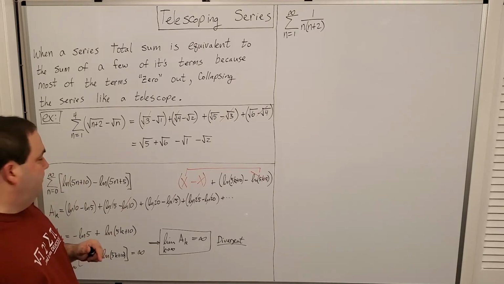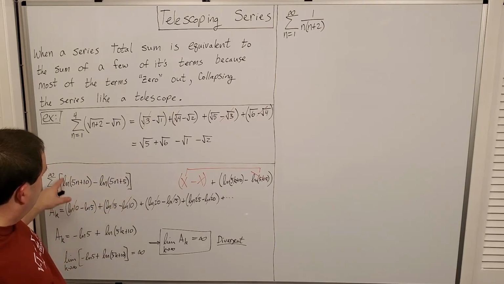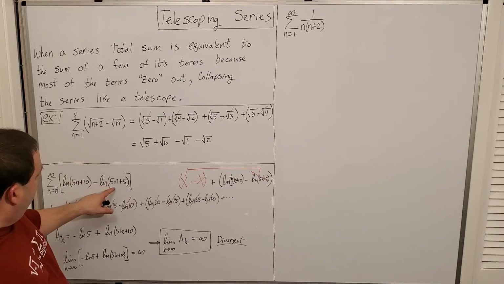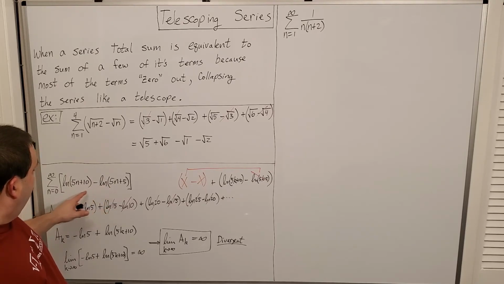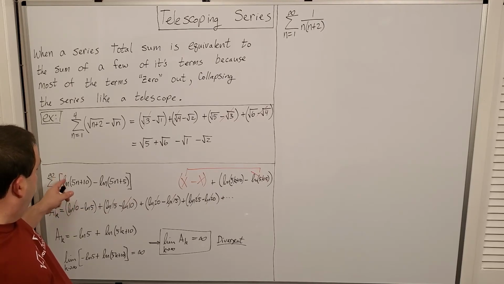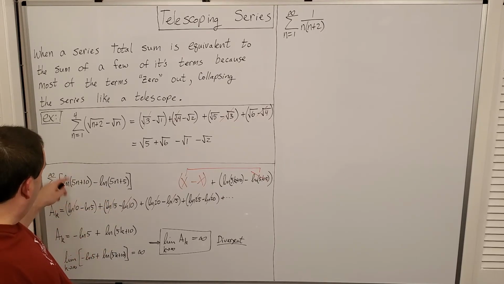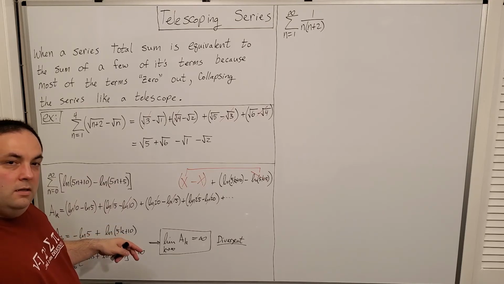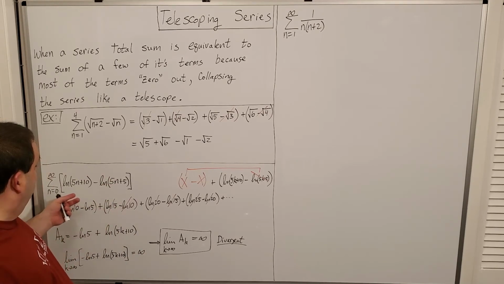You could try, but if you take the limit of this sequence right here and you do your algebra on the logarithms, you'll notice that as n goes to infinity, you'll have the ln of 1, which is 0. Okay?